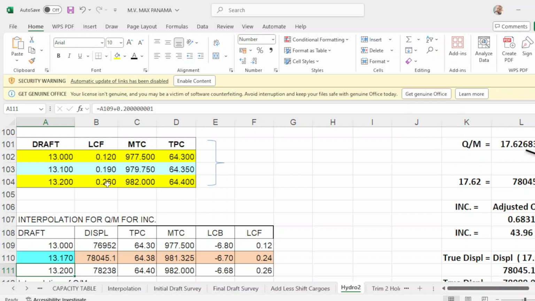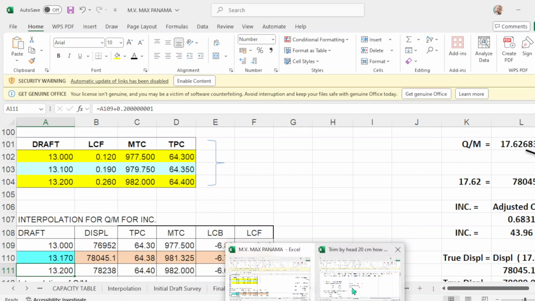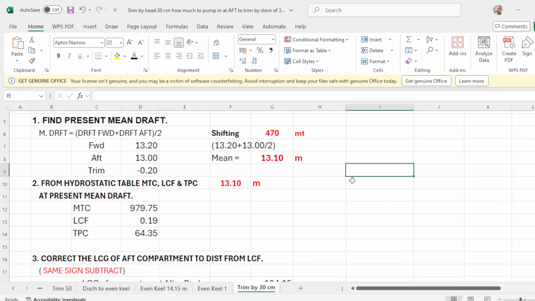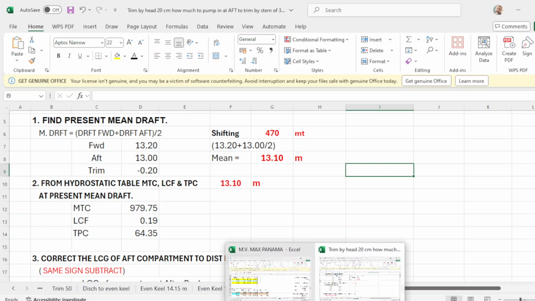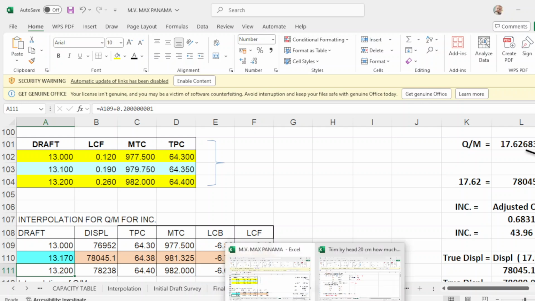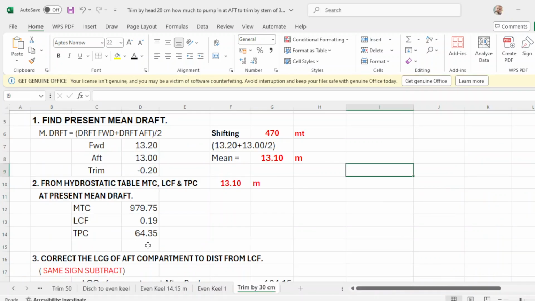LCF is 0.19. MTC is 97975 and TPC is 64.35.